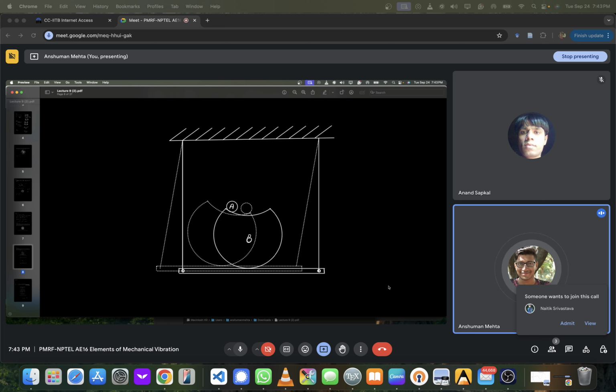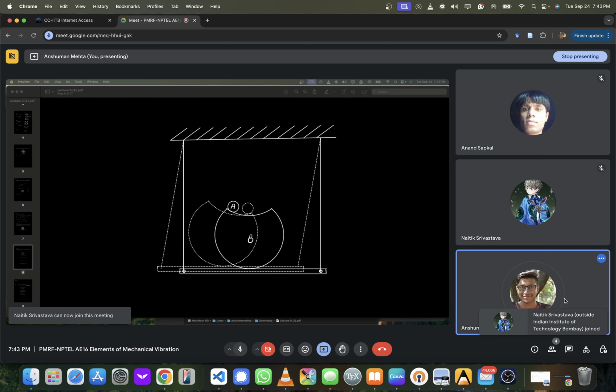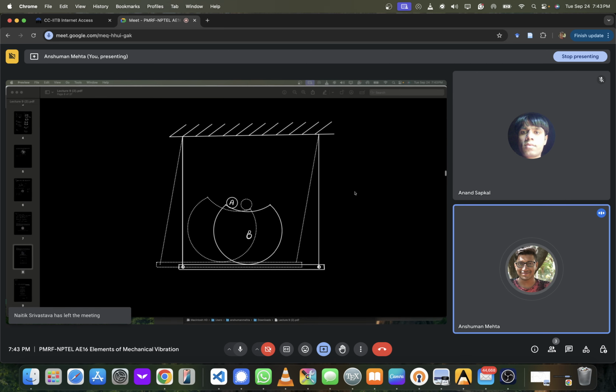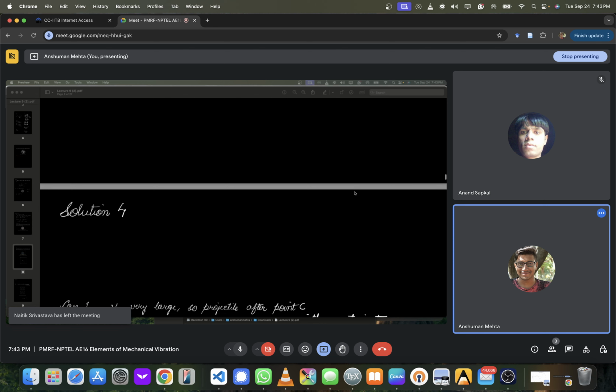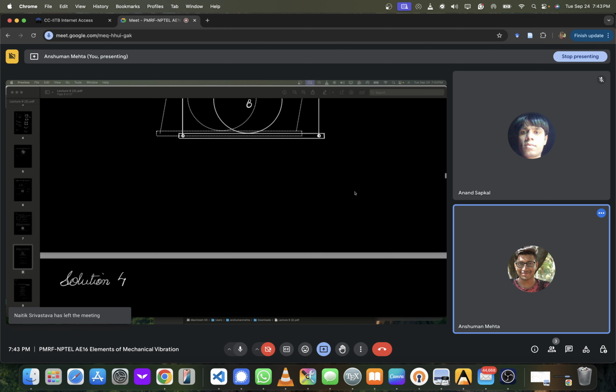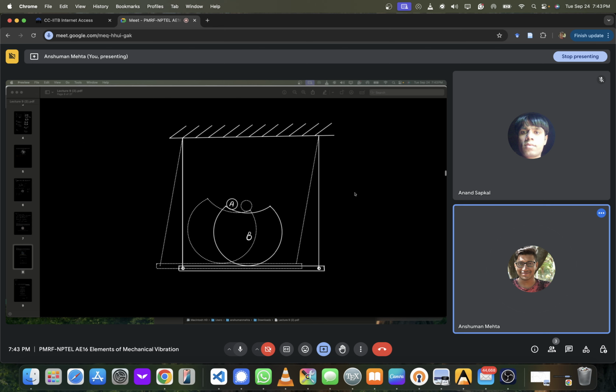Okay, so this is the ball. We have to change to dotted line and also group it.